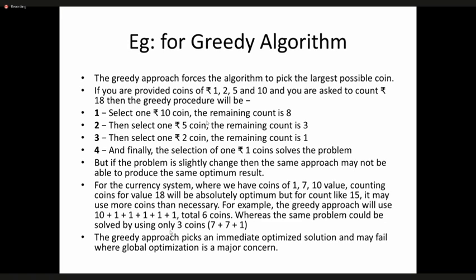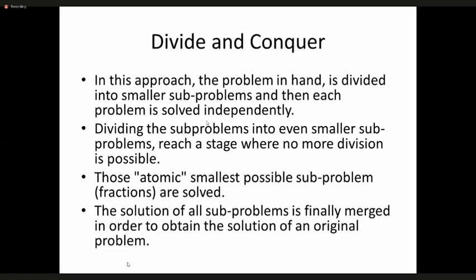Then the greedy approach picks an immediate optimal solution and may fail where global optimization is a major concern. We take this as the characteristic feature of the greedy approach. Then it picks an immediate optimized solution and it fails where global optimization is a major concern. Then we'll move on to the next slide, that is about divide and conquer.